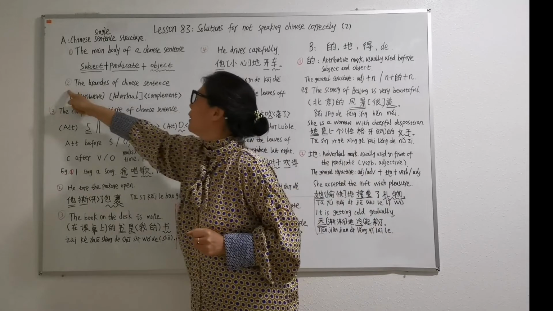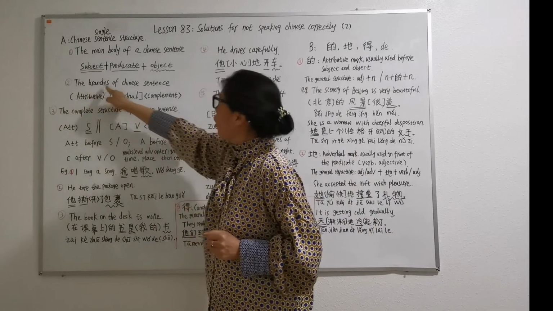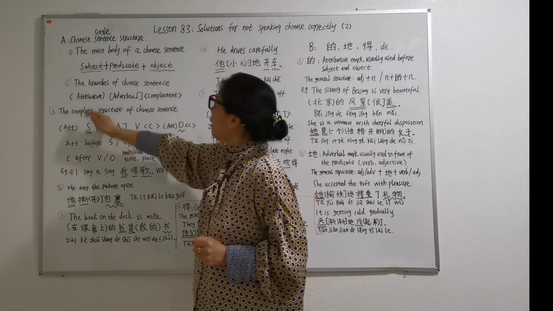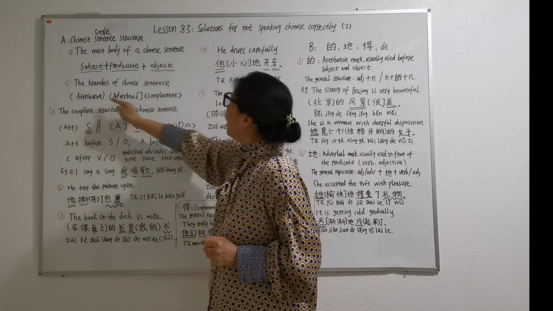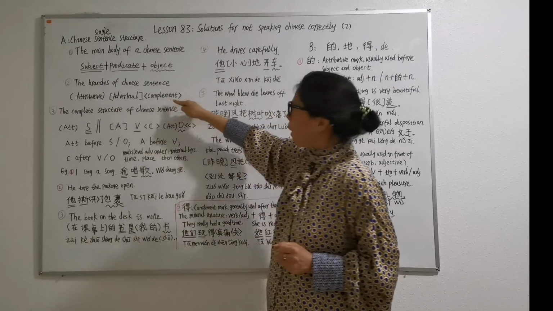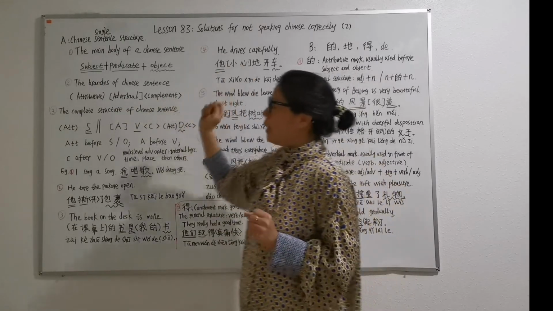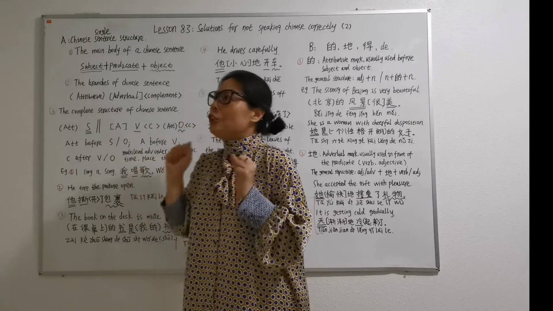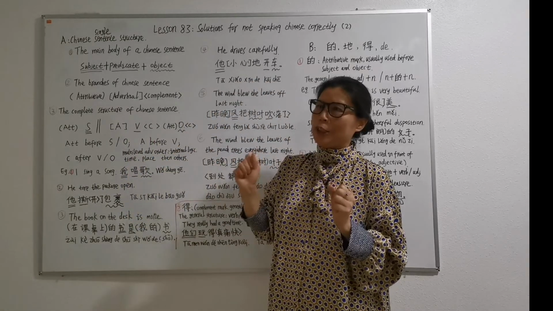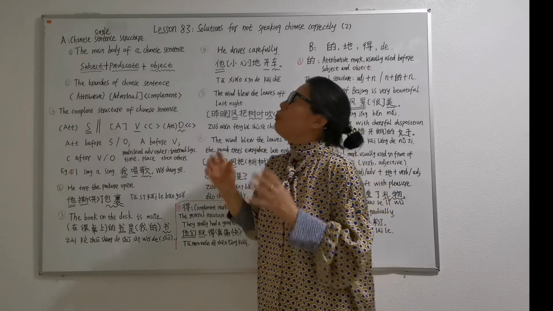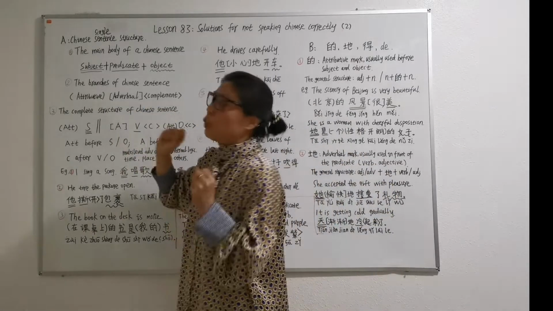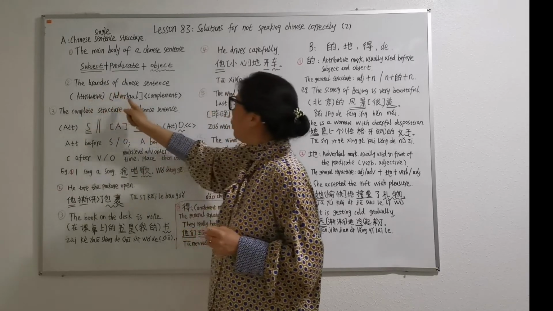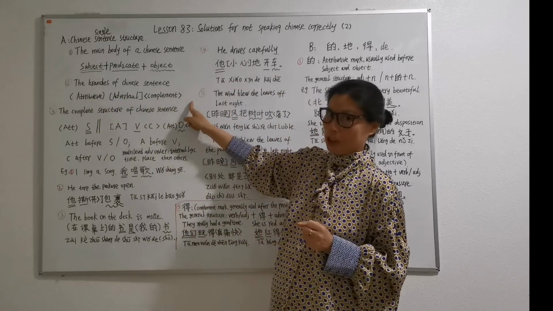And the second, the branches of a Chinese sentence. They are attributive, adverbial, and complement. And the problem why you can't speak Chinese correctly is mainly because you don't know how to put attributive, adverbial, and complement.